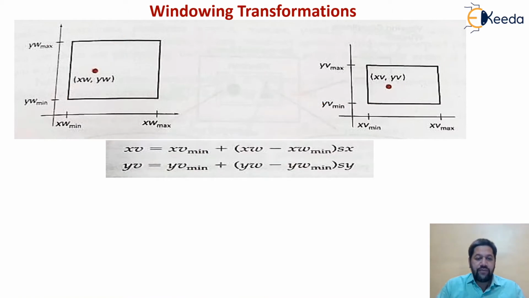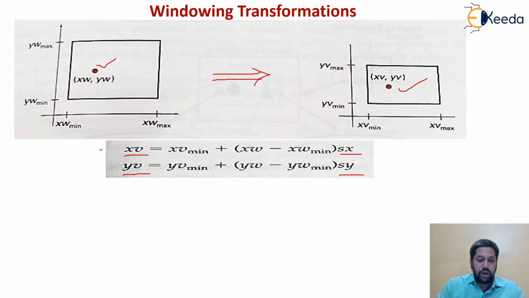Again, you can find here what our conclusion was: how I can map this point to this point. We have come to a formula: xv is equal to xv minimum plus xw minus xw minimum into Sx, and yv is equal to yv minimum plus yw minus yw minimum into Sy.